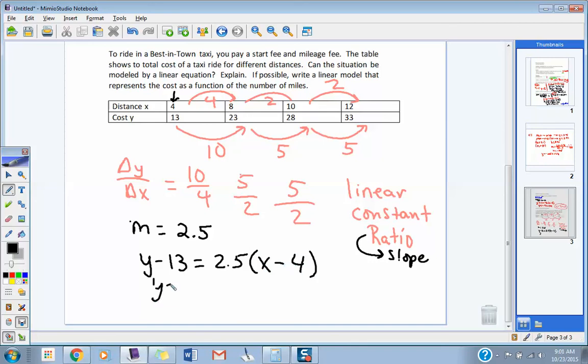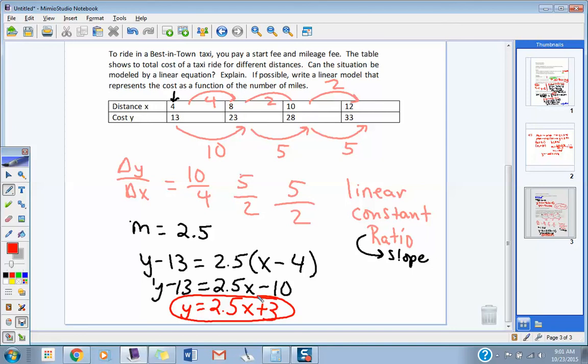Calls y minus 13 equals 2.5x minus 10 when you distribute. What do you have to add to both sides? All right, so when I add 13 to both sides, here's what we end up with: y equals 2.5x plus 3. Okay? y equals 2.5x plus 3.